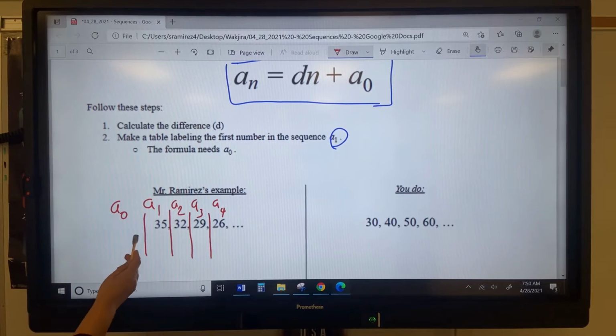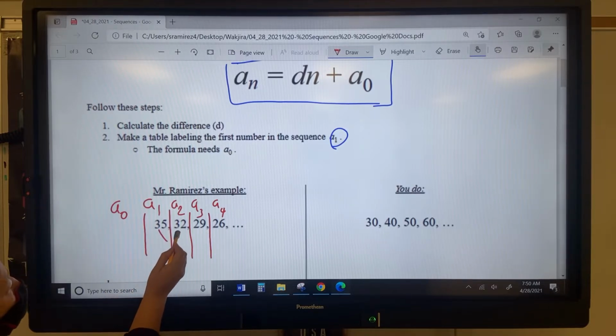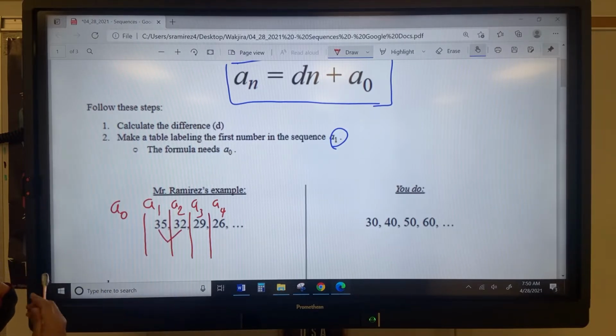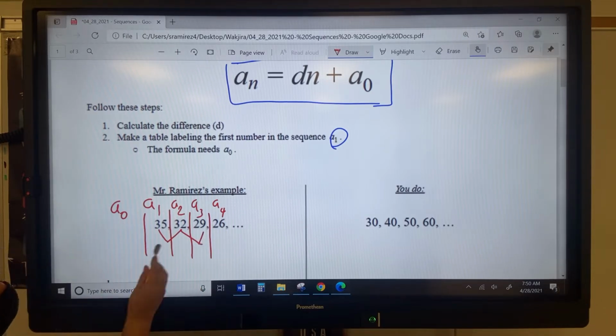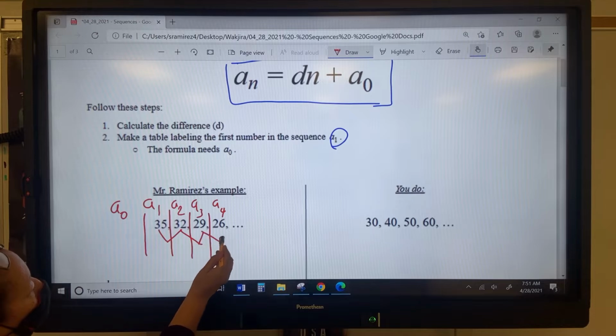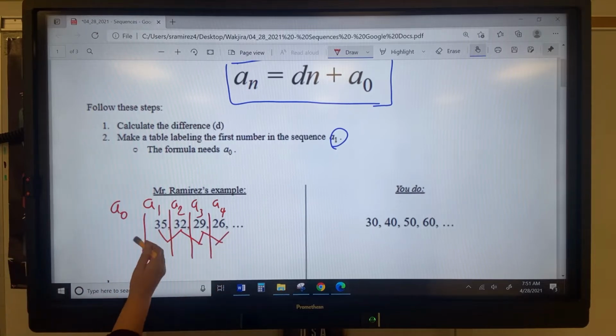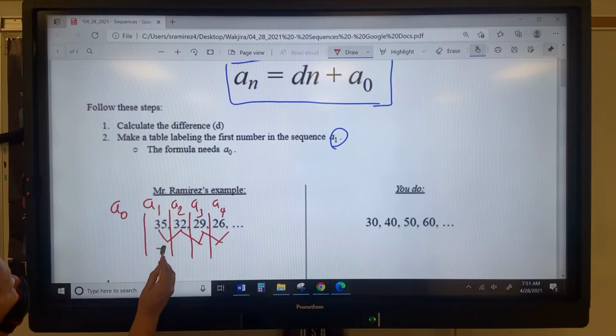Then when you look at these numbers, the first 2, what do you see? From 35, it goes to 32. From 32, it goes to 29. From 29, it goes to 26. So we see it decreasing by 3, all of them.